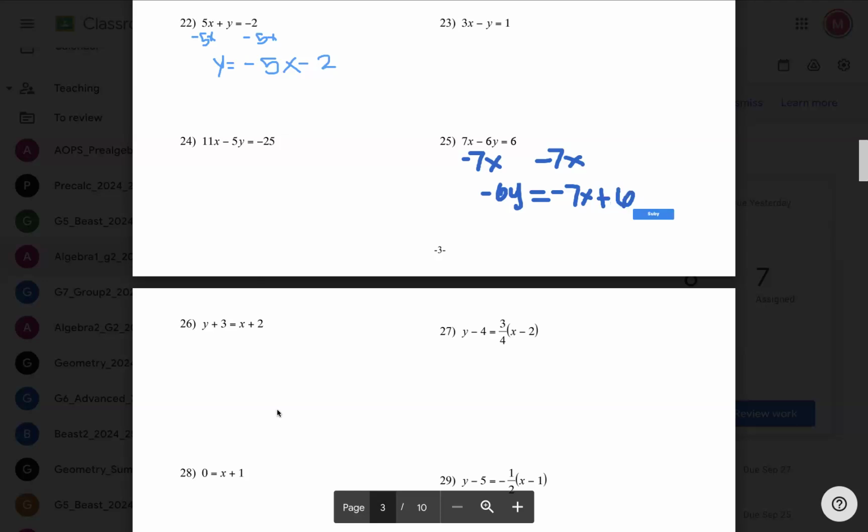And then, since I wanted y alone, I divided by negative 6 on both sides. So y equals 7 over 6 x, and then 6 divided by negative 6 is negative 1. Good job.